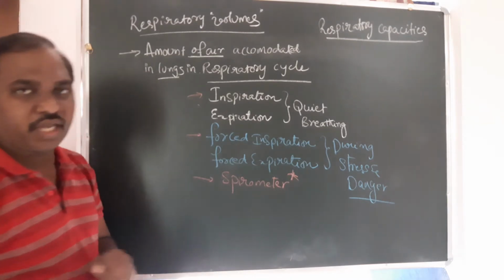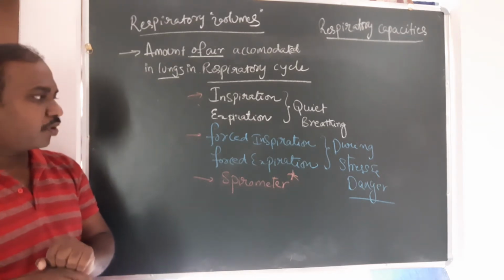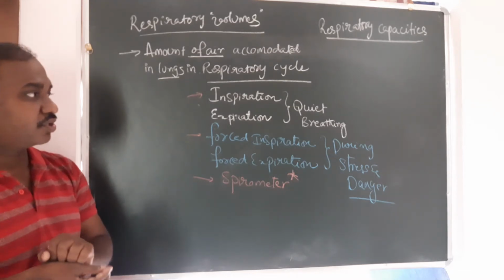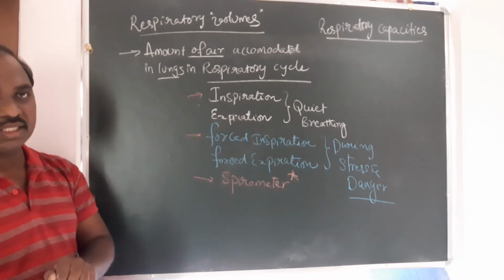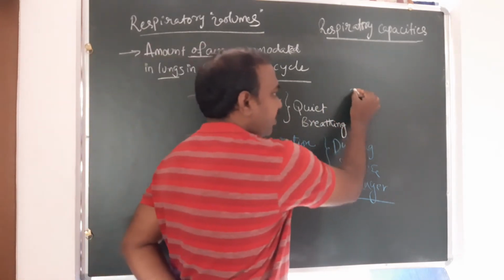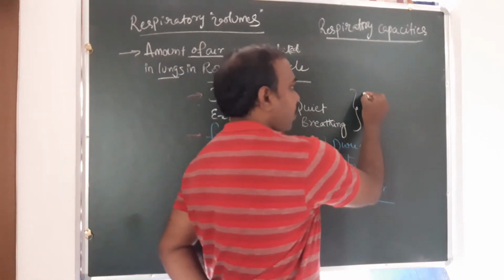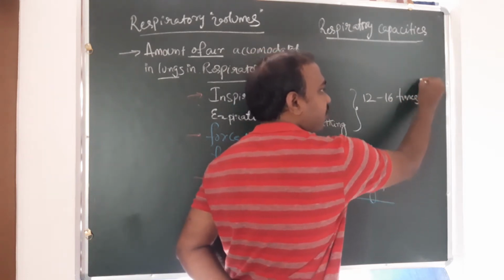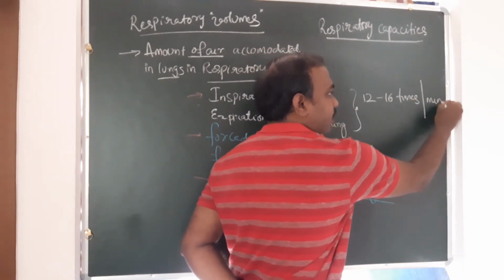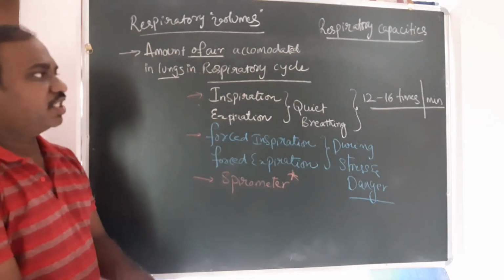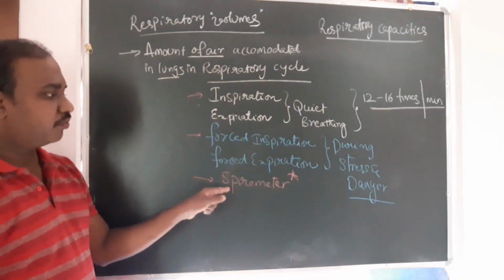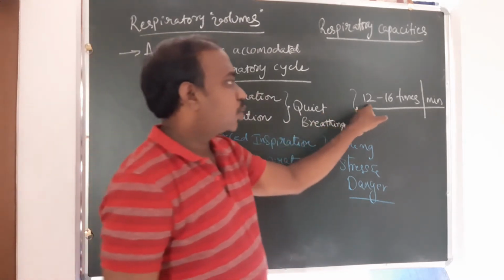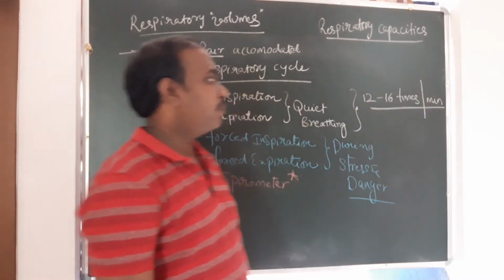And here we also have to recall one more important point that we have discussed, right? How many times does normal quiet breathing happen in the case of human beings? This is 12 to 16 times per minute. When you measure the quiet breathing with the spirometer, it will be 12 to 16 times per minute.